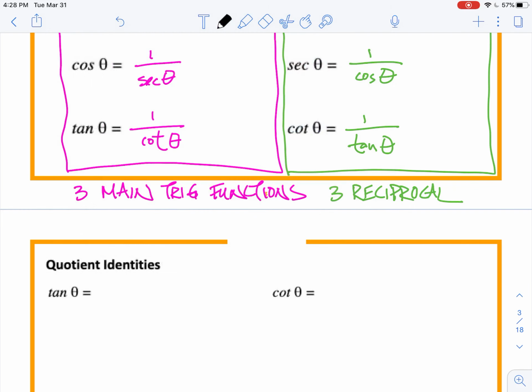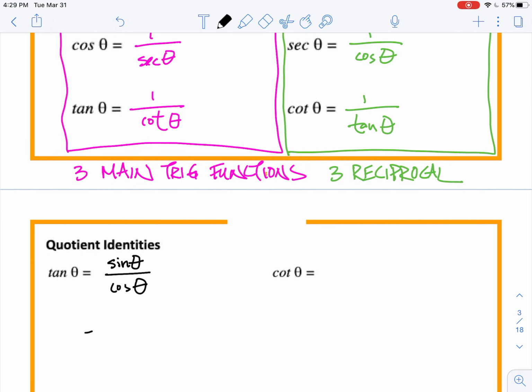Two other ones that you might also know super well and just not realize that you know are that tangent and cotangent can be expressed as two different functions divided by each other. So we can actually say that tangent is sine theta divided by cosine theta.